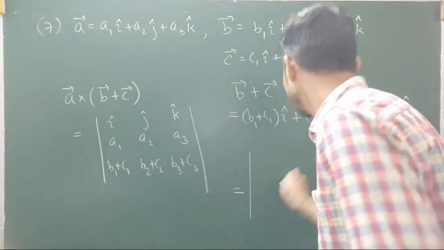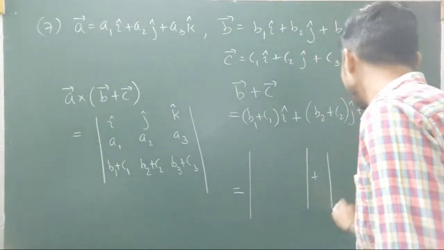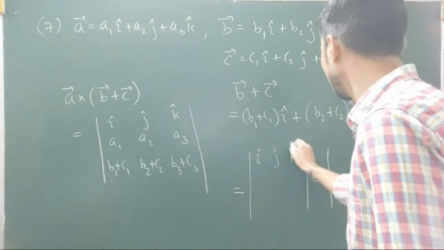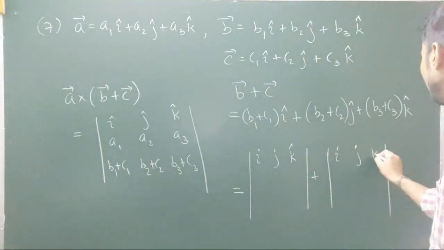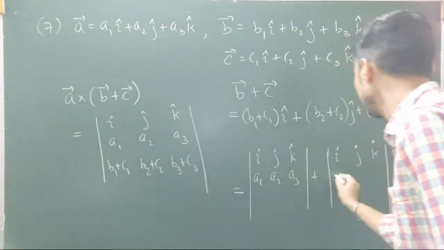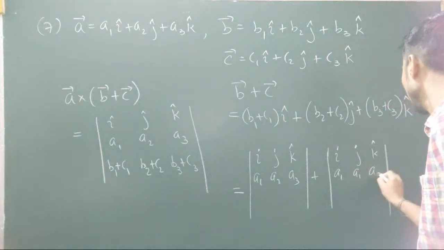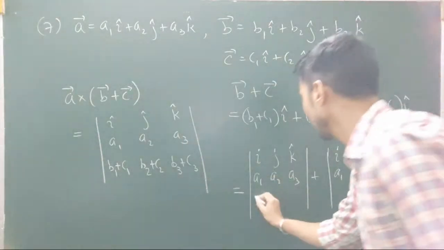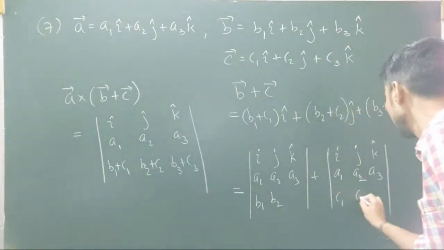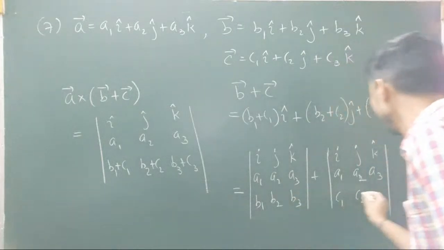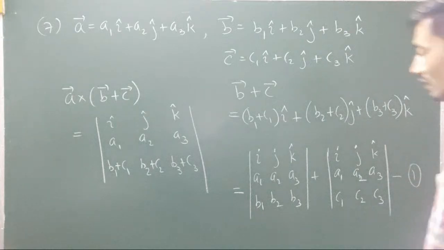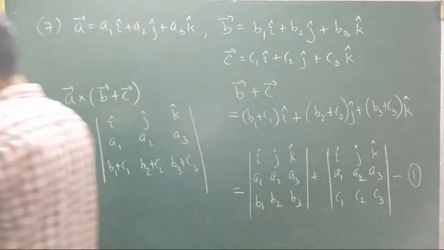This determinant can be written as a sum of two determinants: i, j, k; A1, A2, A3; and B1, B2, B3 in one, and i, j, k; A1, A2, A3; and C1, C2, C3 in the other.